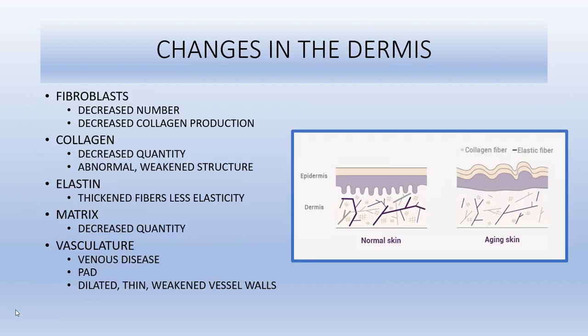In the dermis, we see decreasing numbers of fibroblasts, and those fibroblasts which are present demonstrate decreased collagen production, as a result of which, again, the skin is abnormal, and this has many direct clinical effects.